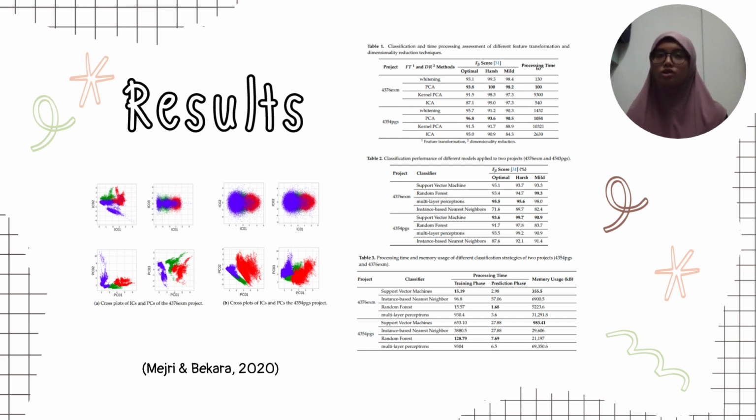To decide which type of PCA to use, as you can see in the table, the basic PCA yields the best results while using the least amount of computer power in comparison to whitening and kernel boost.